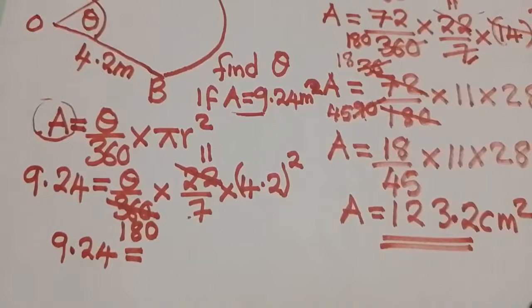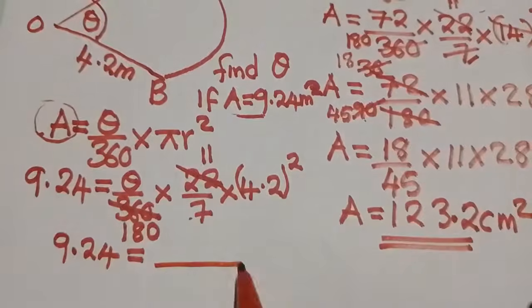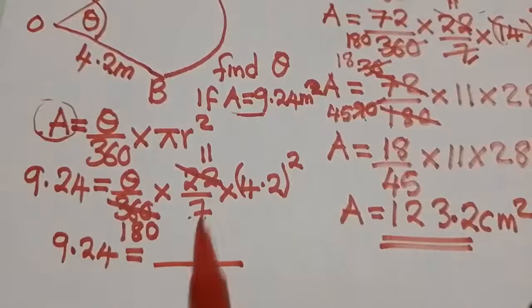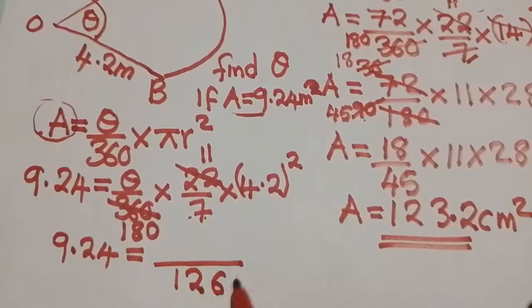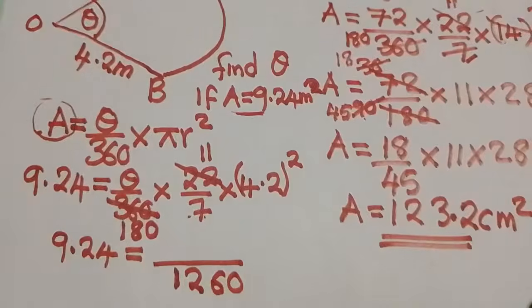You do these calculations on a separate paper on your own. Down here, 180 times 7, you're going to get 1,260.